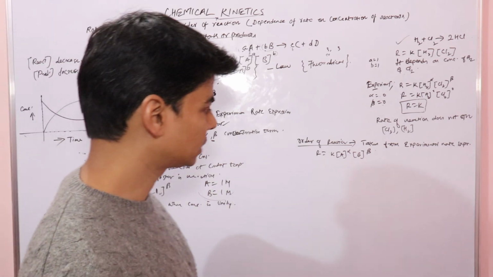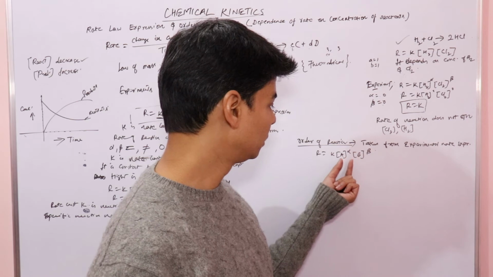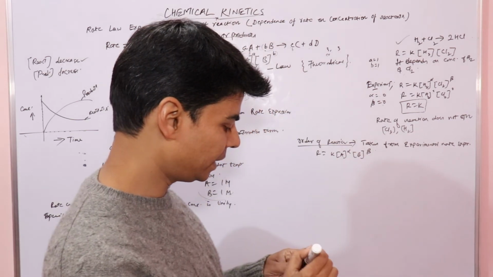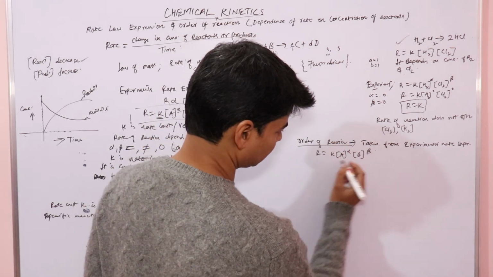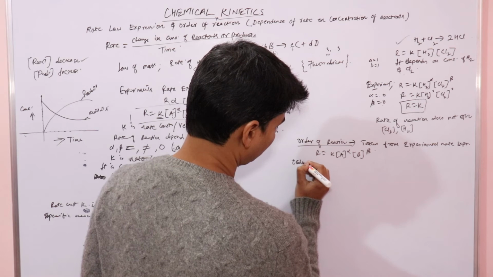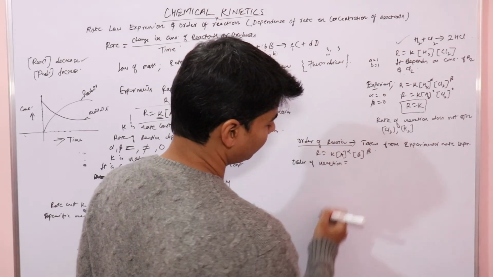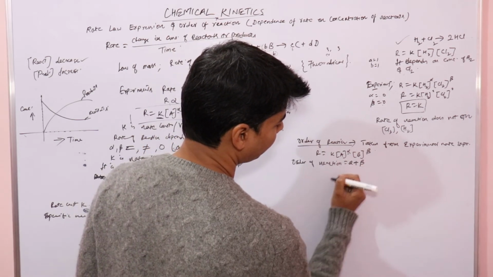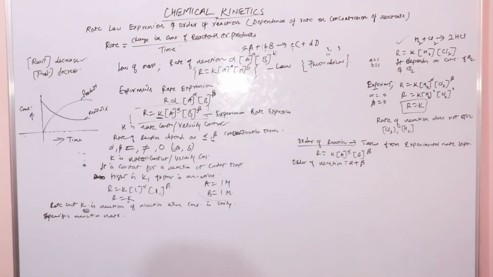So order of reaction is the sum of the powers to which A and B are raised in the rate law expression. So order of reaction would be the sum of the powers alpha and beta to which these reactants are raised in the rate law expression.